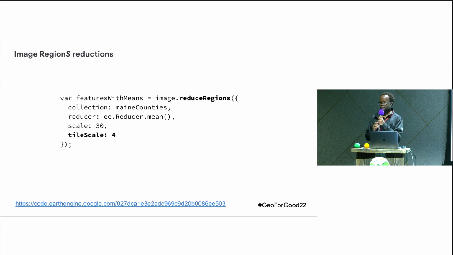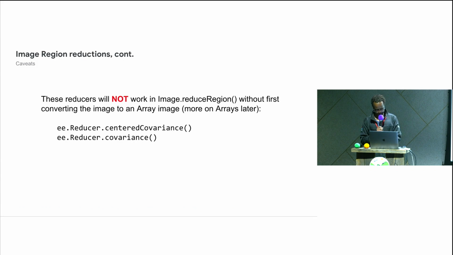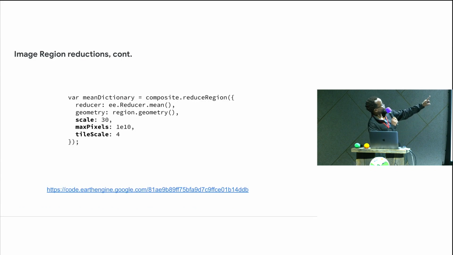Yes? So the dot geometry, in the previous case, reduce region. So what does the dot geometry do? Why do we need dot geometry? The question is, why do we need, let's go back here. When you're setting the geometry here, we say region dot geometry.